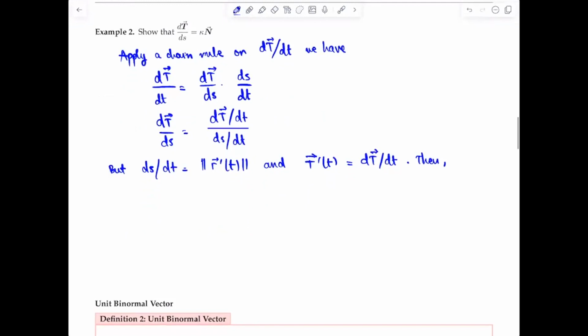Then we have that dT/ds equals T prime of t divided by the magnitude of r prime of t.